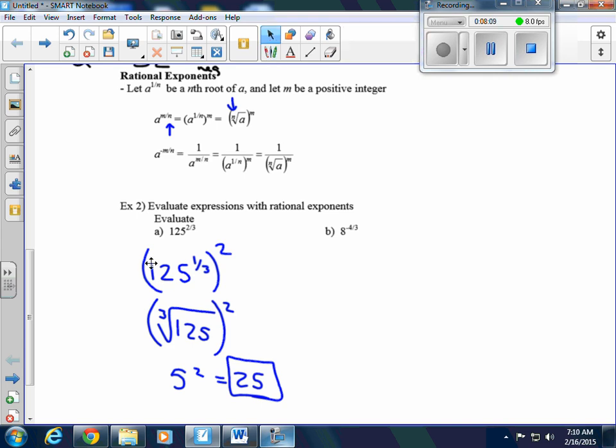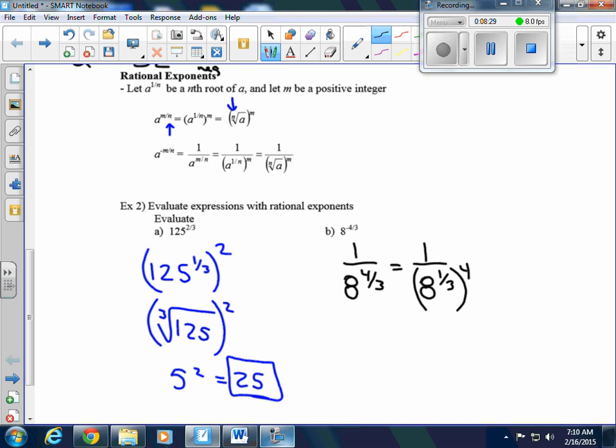We're going to do the same thing with b. We're going to rewrite this as 8 to the 1/3. Actually, let's move it all to the bottom first. So it's going to be 1 over 8 to the 4/3. So now it'll be 1 over 8 to the 1/3 raised to the 4th power.